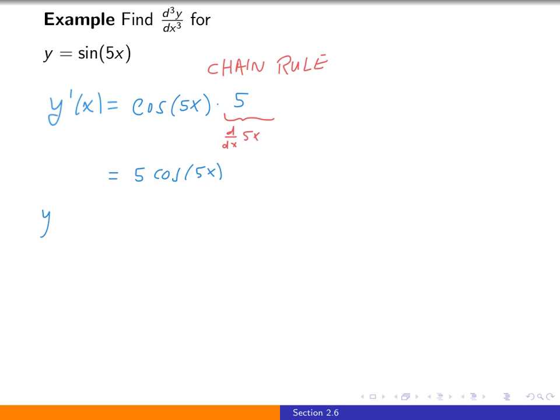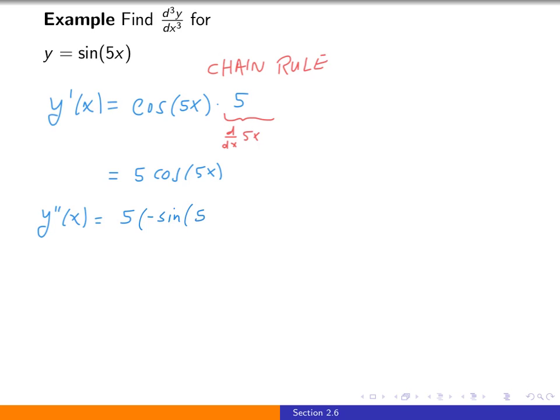To find y double prime, that would be the derivative of the first derivative. So you have 5 multiplied by the derivative of cosine 5x. To differentiate cosine 5x, we once again use the chain rule. You take the derivative of the outside function. The derivative of cosine is minus sine.